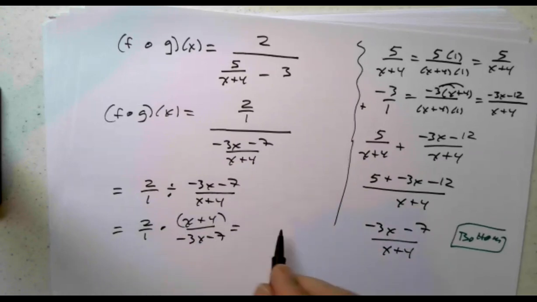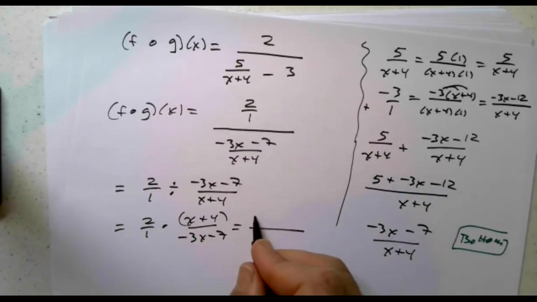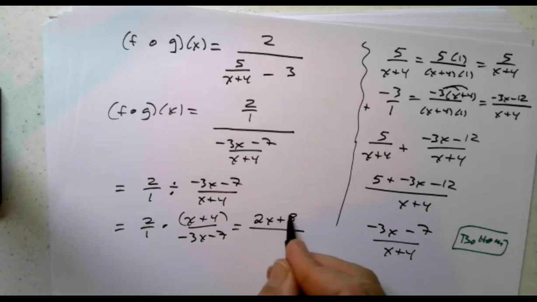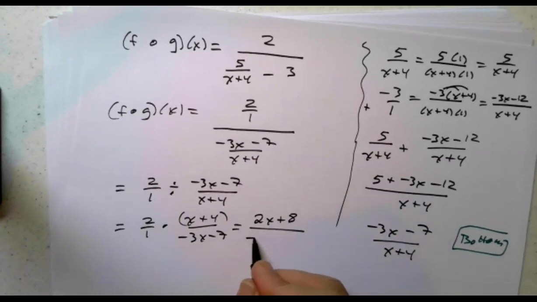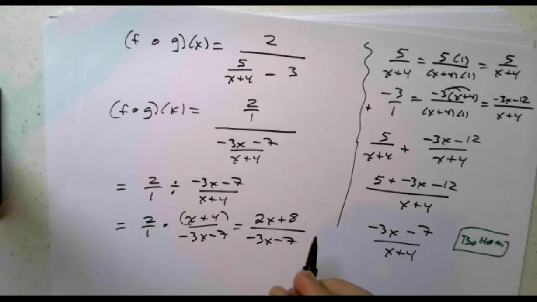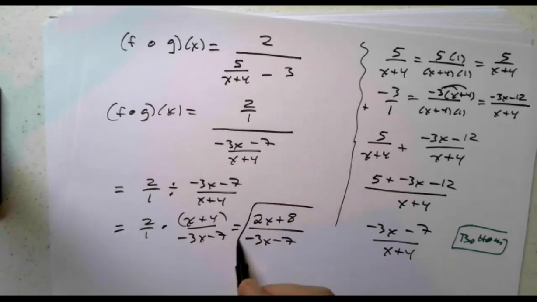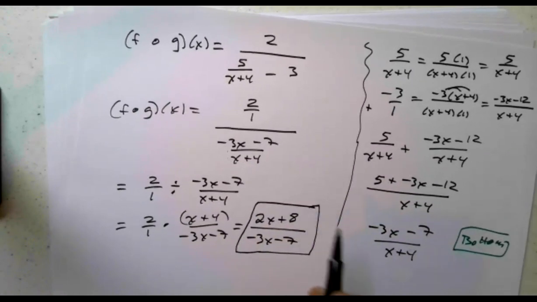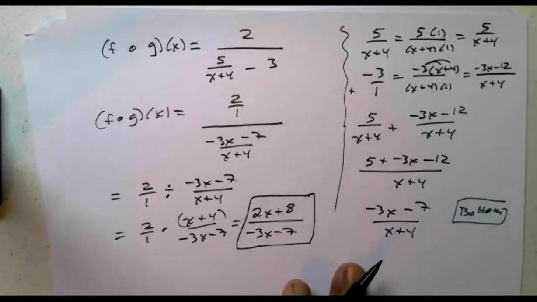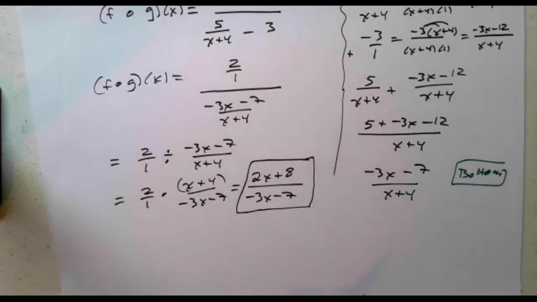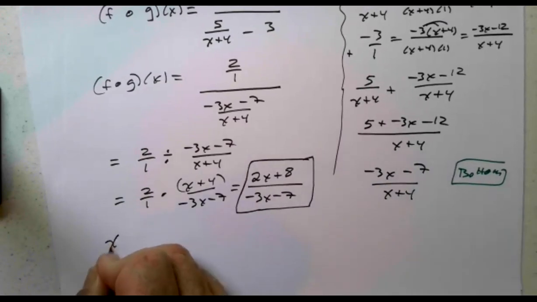So 2 times x plus 4, 2x plus 8 over negative 3x minus 7. This is what f circle g of x is, sort of. But remember, we have to figure out the domain. And we already said on the first page that x equals negative 4 is not in the domain.